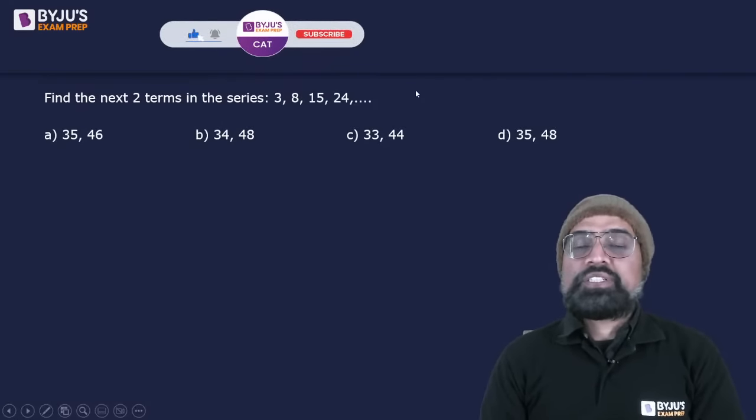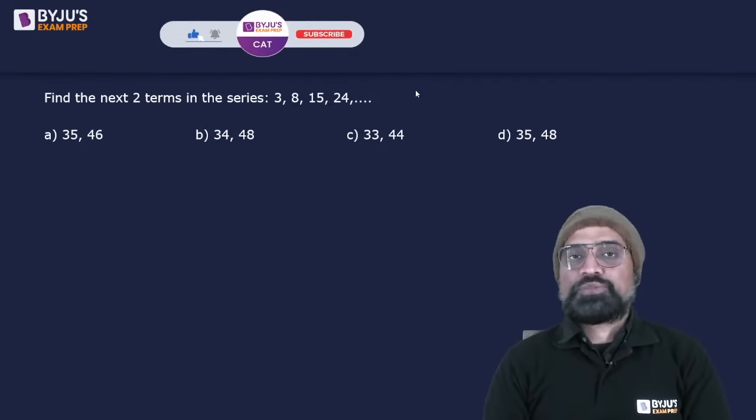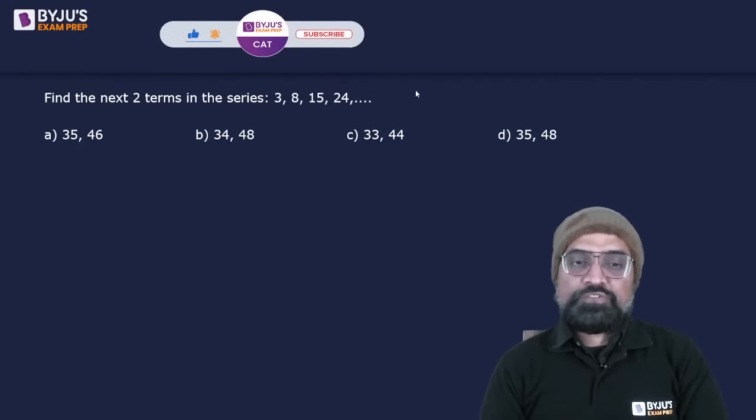Find the next two terms in this series. So it's a question on sequence in series. So we need to find out the next two terms. So we have 3, 8, 15, 24.